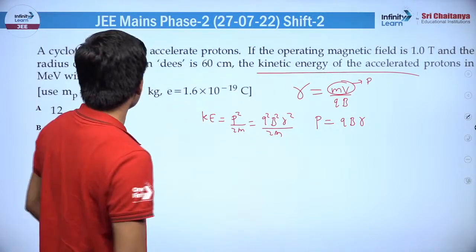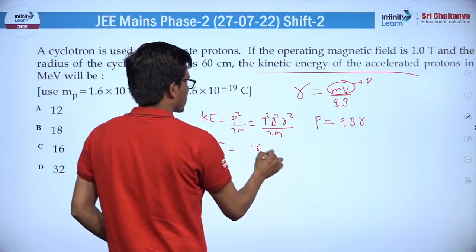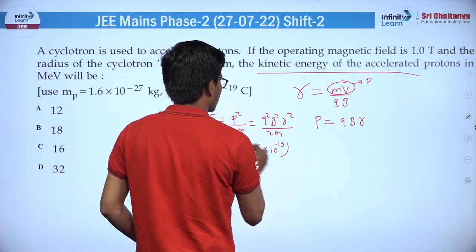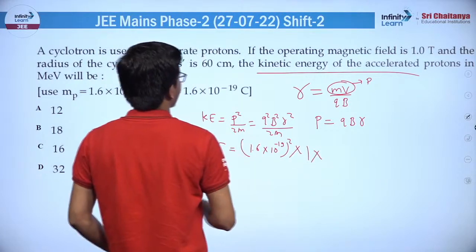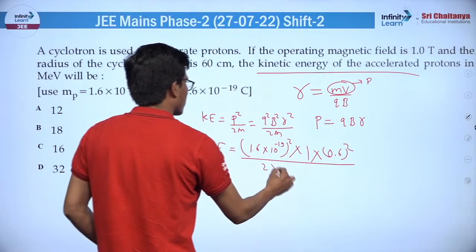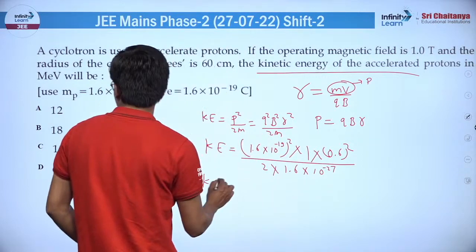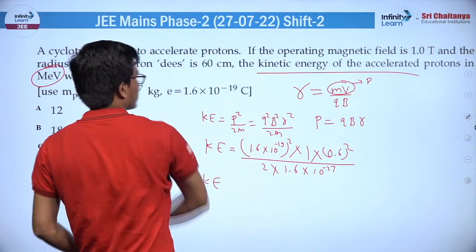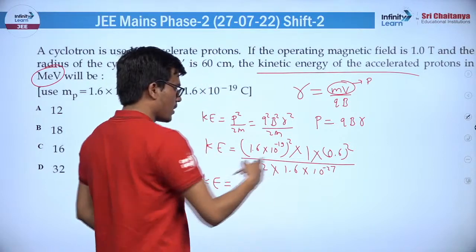Everything is given in the question, so let us just put here. Protons are there, 1.6 into 10 to the power minus 19, whole square. Magnetic field is 1, radius is 60 centimeter, means 0.6, whole square, divided by 2 times mass of proton, which is 1.6 into 10 to the power minus 27, right? The answer we have to give in mega electron volt, so this will be in joule, we have to convert it in mega electron volt.